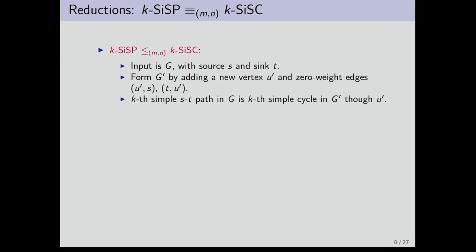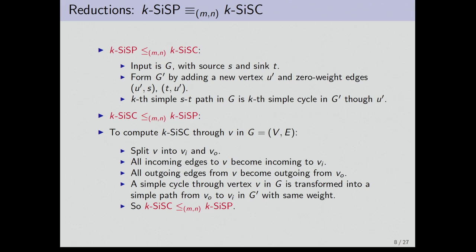Okay. And the reverse, KSISC reduces to KSISP, is a slightly different reduction. We have to go from cycle to path. So the goal is to compute K simple shortest cycles through a given vertex V in G. So we split V into VI and VO. All incoming edges to V are made incoming to VI.